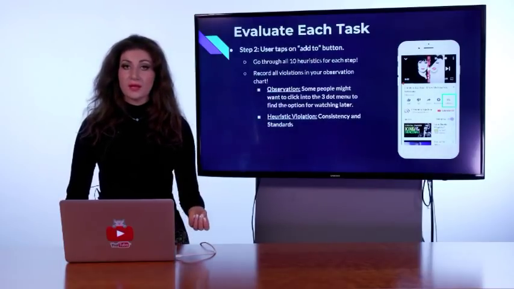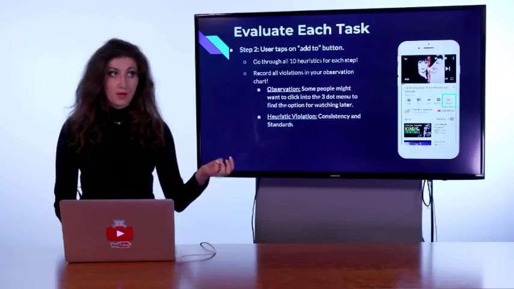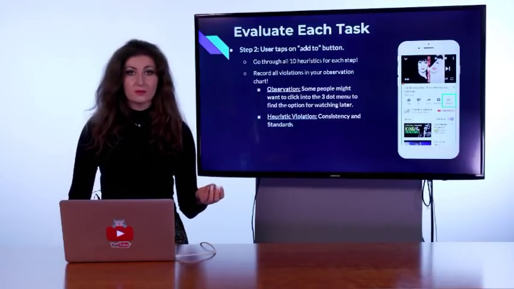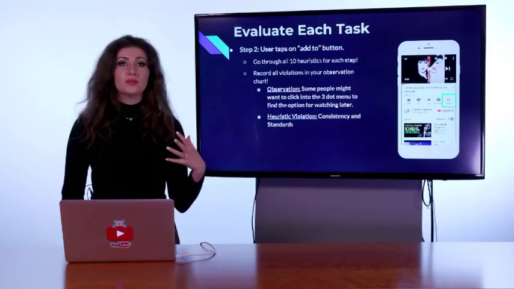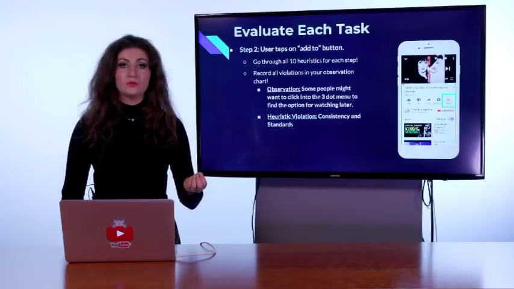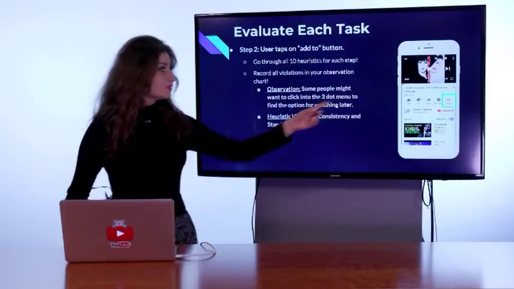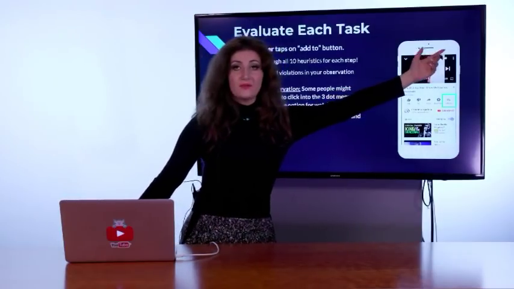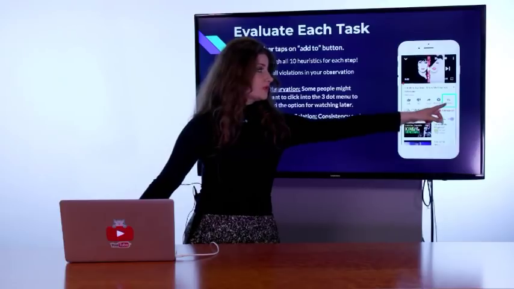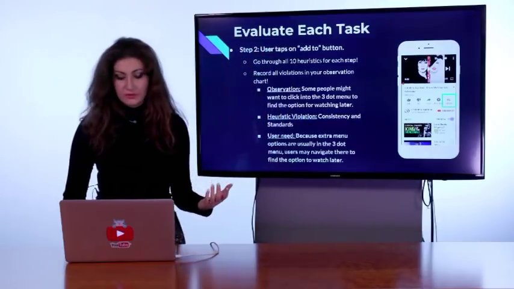Common with all Google products and pretty much how all interfaces work today, anything that you want to access an additional menu or some extra options for the page that you're on, those typically live in this 3-dot menu right here. However, Watch Later would not appear there. Watch Later would appear here by clicking in Add To.